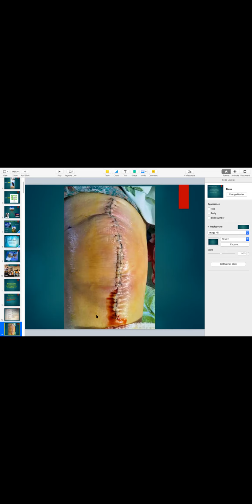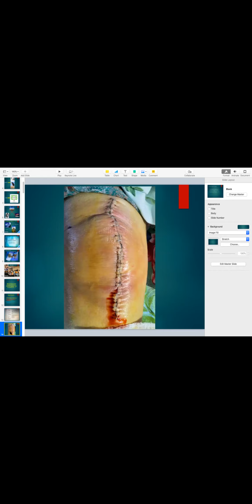After two weeks, I applied the principle. I stopped the anticoagulant, I stopped the physiotherapy, and I applied ice to the area.